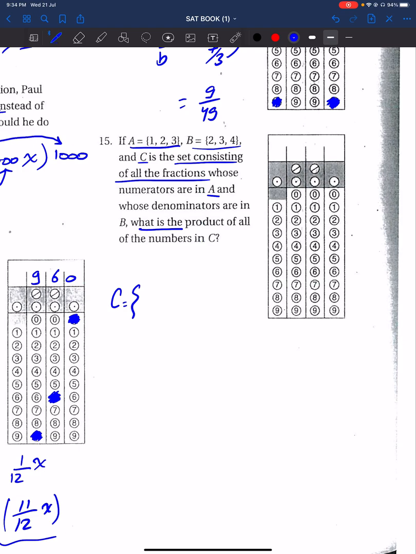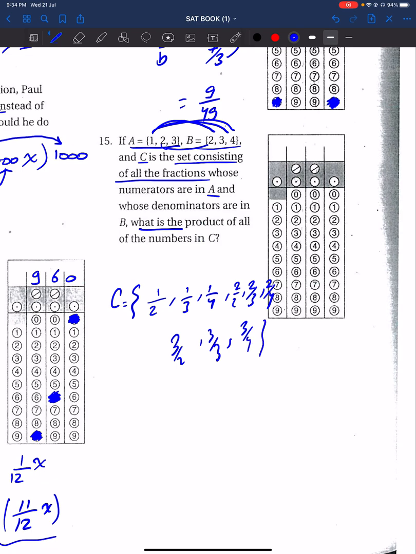So the numerators are from A, so it could be 1 over 2, 1 over 3, 1 over 4, or 2 over 2, 2 over 3, 2 over 4, and so on. Or 3 over 2, 3 over 3, and 3 over 4.